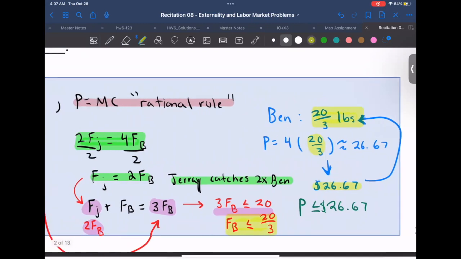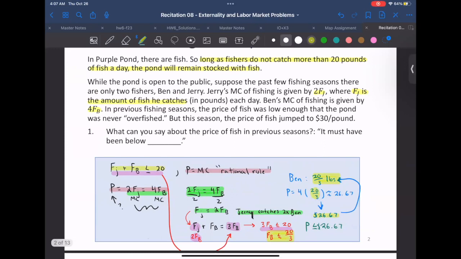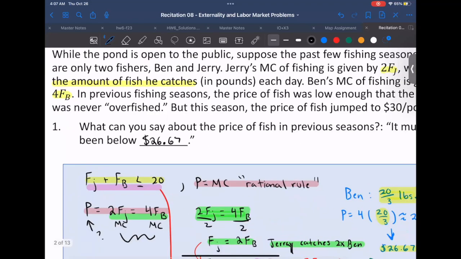And that's going to answer, what can you say about the price of fish in previous seasons where the pond was always stocked with fish because there's no overfishing? Well, we know that the price must have been below $26.67. And there's your answer.